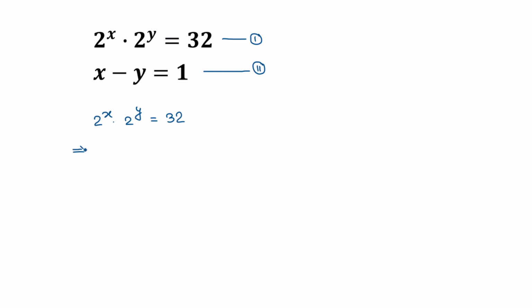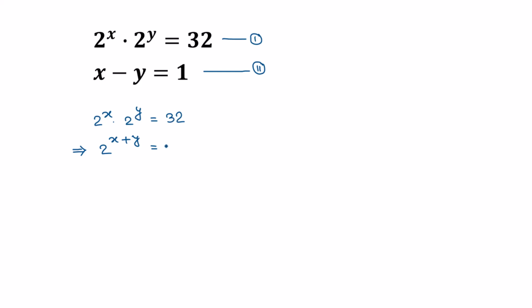Applying the exponential formula a to the power m times a to the power n is equal to a to the power of m plus n, we can write the left side as 2 to the power of x plus y is equal to 32.